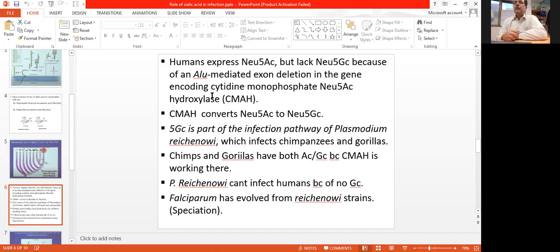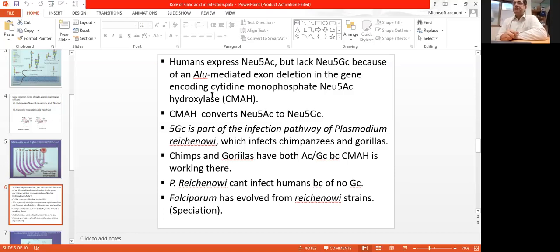This is an enzyme, and this enzyme CMAH converts NEU5AC into NEU5GC. It means that it's a convertase converting the 5AC form into the GC form, one form of sialic acid into another form of sialic acid.